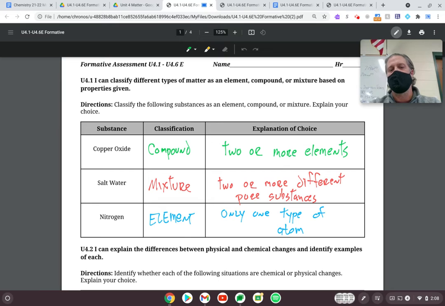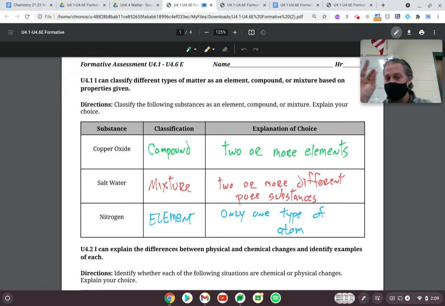So aren't a mixture and a compound the same thing? So hold on. A compound is two or more elements that are bonded together, but it's just those two elements. So for example, if I had a pile of aluminum atoms or a pile of aluminum foil, it would just be aluminum atoms.